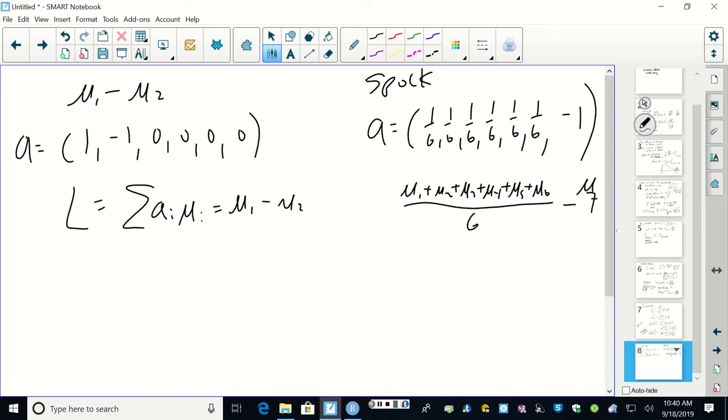And I'm going to put the sample means in there to estimate it. And so anyway, it fits within this broader thing of looking at those. So we're just going to test that one hypothesis. Is Spock different from the average of these other people?